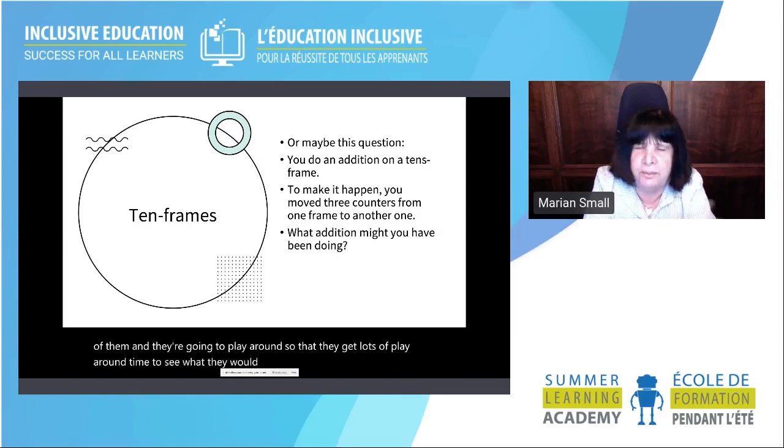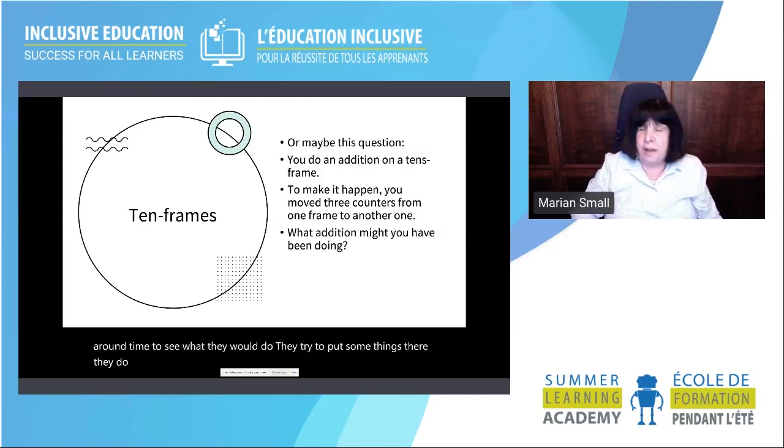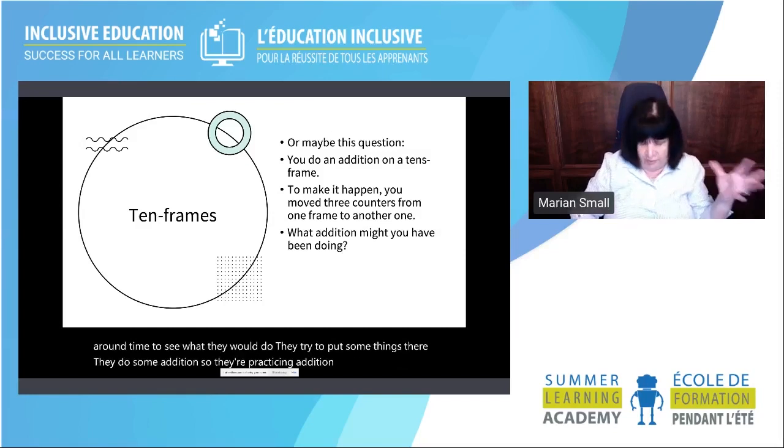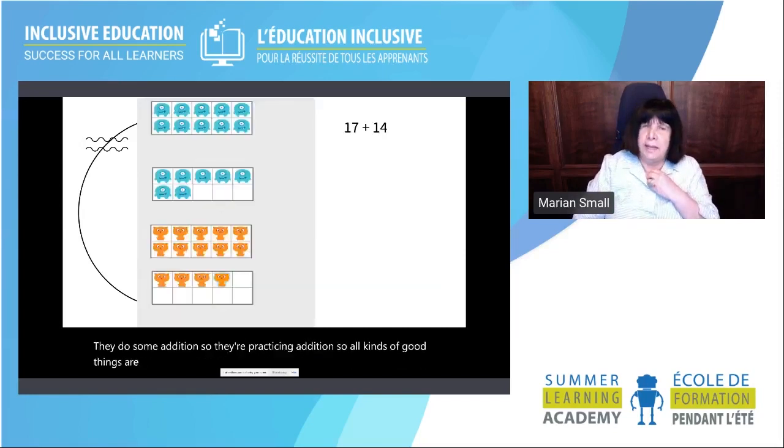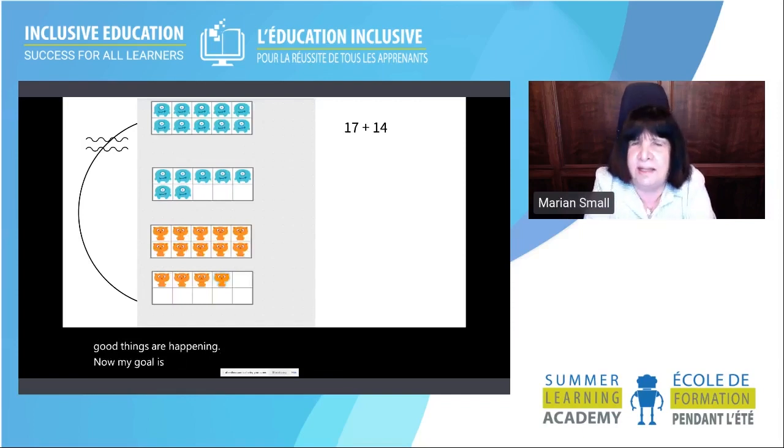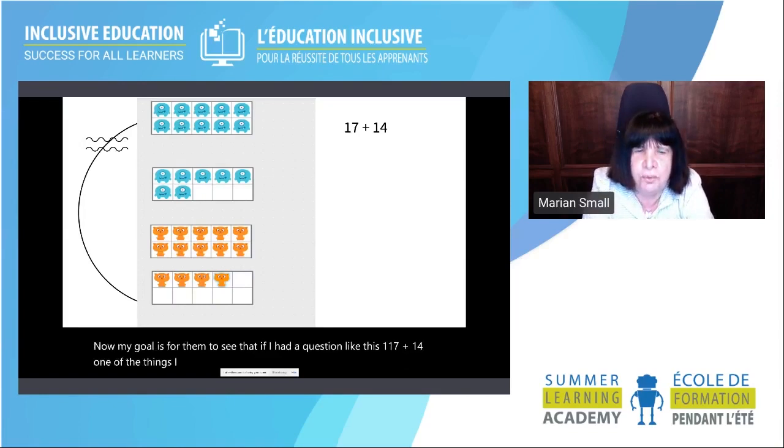They try to put some things there. They do some addition, so they're practicing addition. So all kinds of good things are happening. Now, my goal is for them to see that if I had a question like this one, 17 plus 14, one of the things I might do is move 3 of the counters from the last frame that has 4 to fill the second frame that has 7.